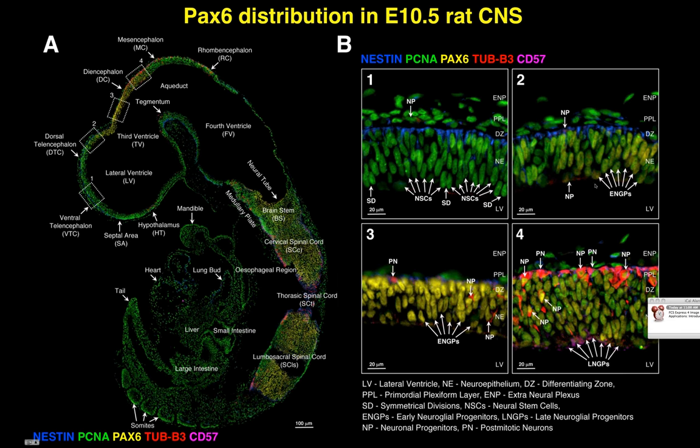Now, in region 2, which comes from the border between the telencephalon and the diencephalon region, we see just a trickle of PAX6 upregulation. What's interesting here, and that's where FCS Express is very useful, is that we're not just looking at positive and negative, we're also looking at the amount of staining within any individual cell, because that's biologically relevant.